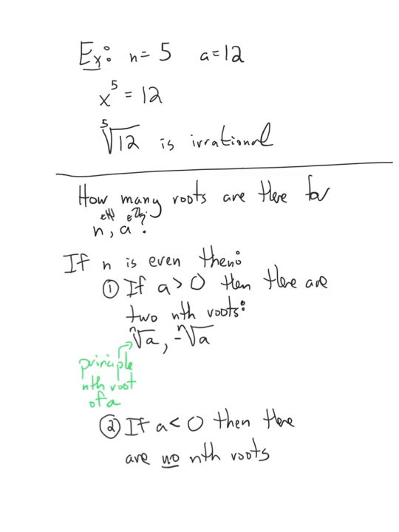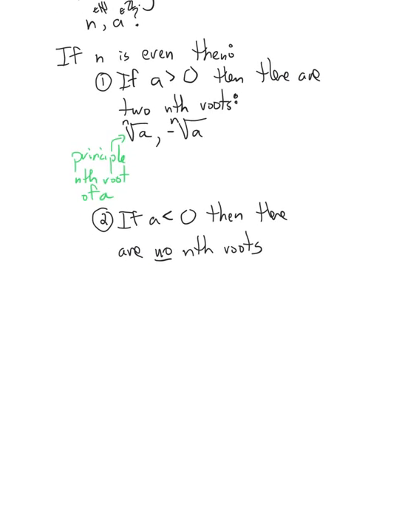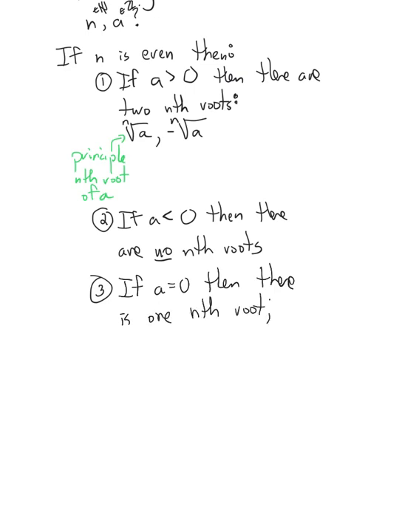And I'll explain why that's true in a second after I write down every case here. And thirdly, we talked about when a was greater than 0, a was less than 0. If a equals 0, then there is one nth root, and that's really easy. It is just, of course, 0. So the nth root of a equals 0.